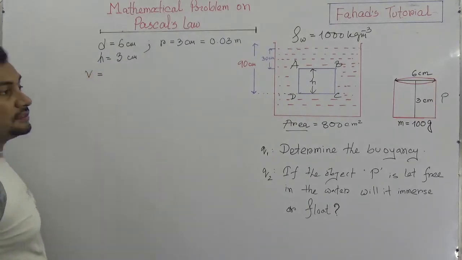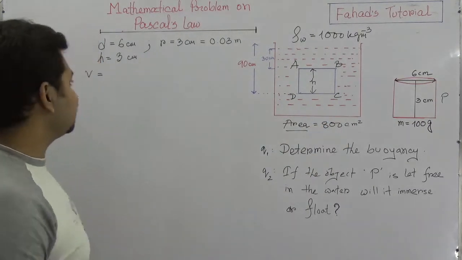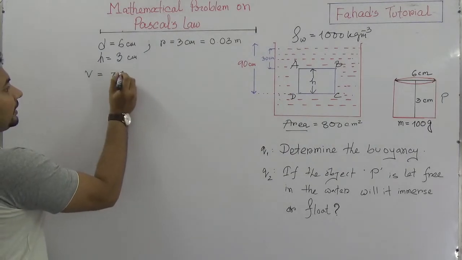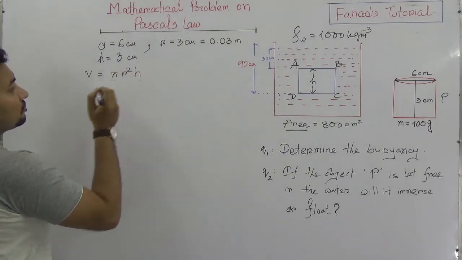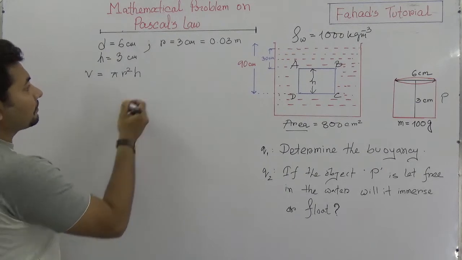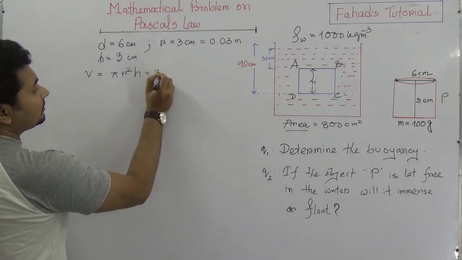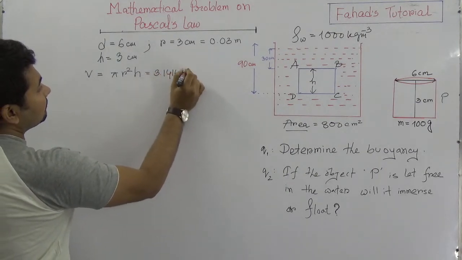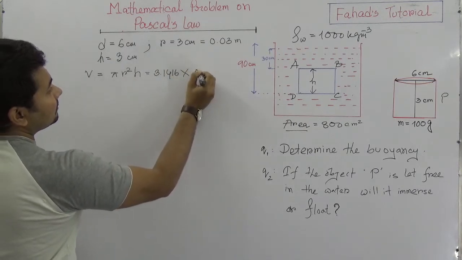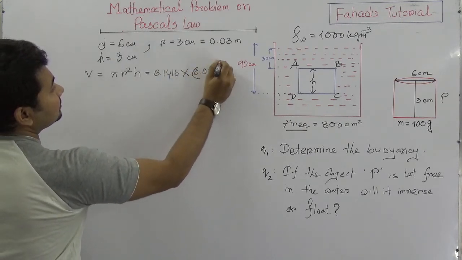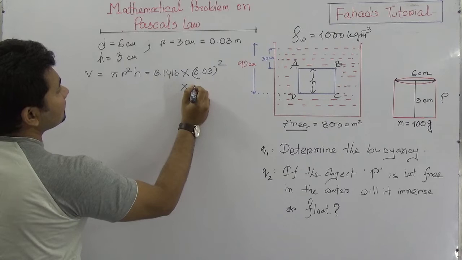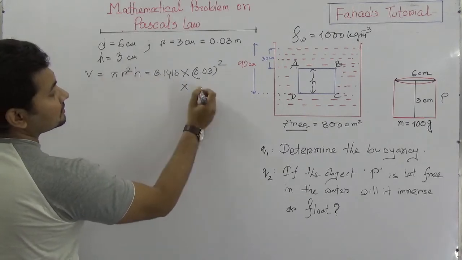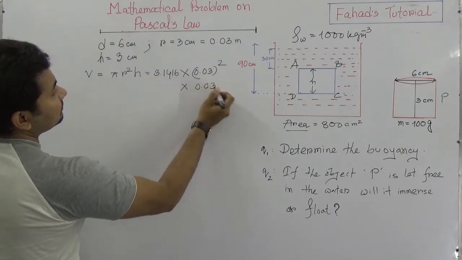And as this is cylindrical, the volume should be pi r square h. Now pi means 3.1416, r is 0.03 square, h means 3 centimeter, that is 0.03.